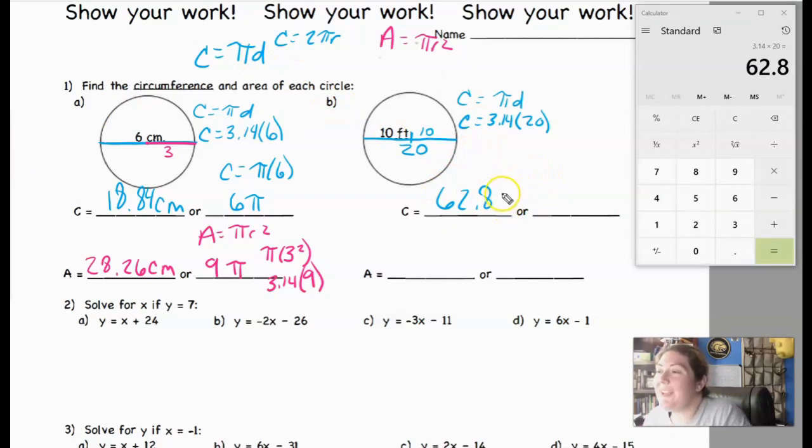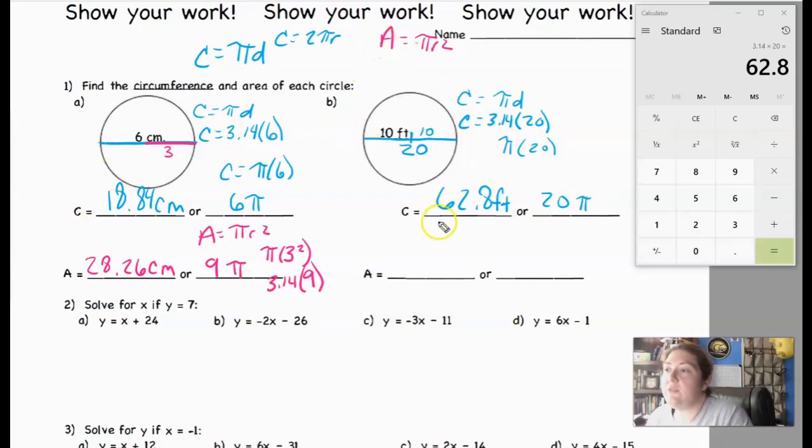I was about to call you by name. No, feet. We're talking about feet. But remember we said we can be lazy at this point? If I left this as pi times 20, and multiplied those together without writing out pi, I can say 20 pi. That's totally okay.